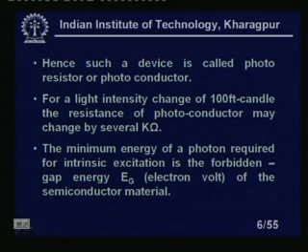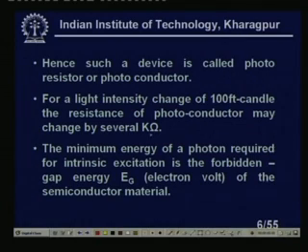The minimum energy of a photon required for intrinsic excitation is the forbidden gap energy, in electron volts, of the semiconductor material. If you remember, it appears like this. I have a conduction band.